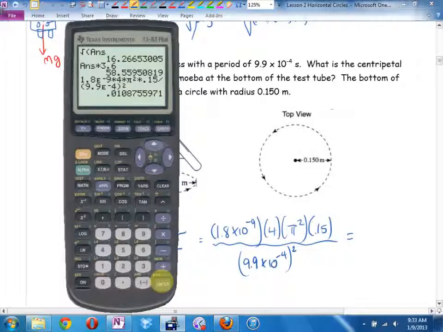Oh yeah, you also want to find where your pi button is. You'll be using it lots.